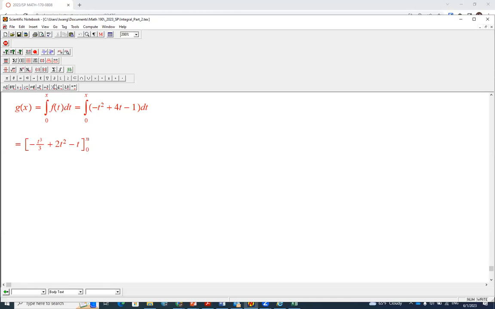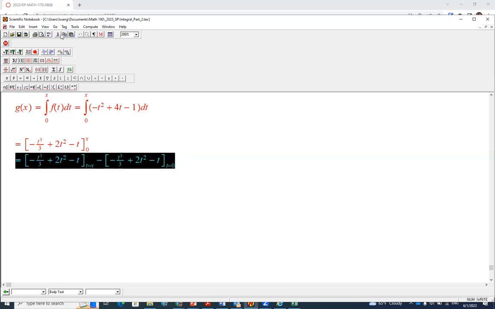We plug in, replacing t by x for this piece, and t equals 0 for this piece.